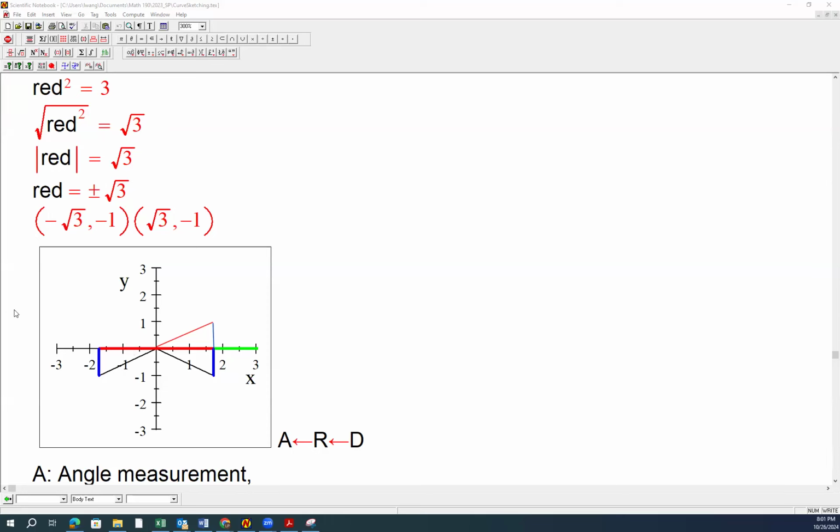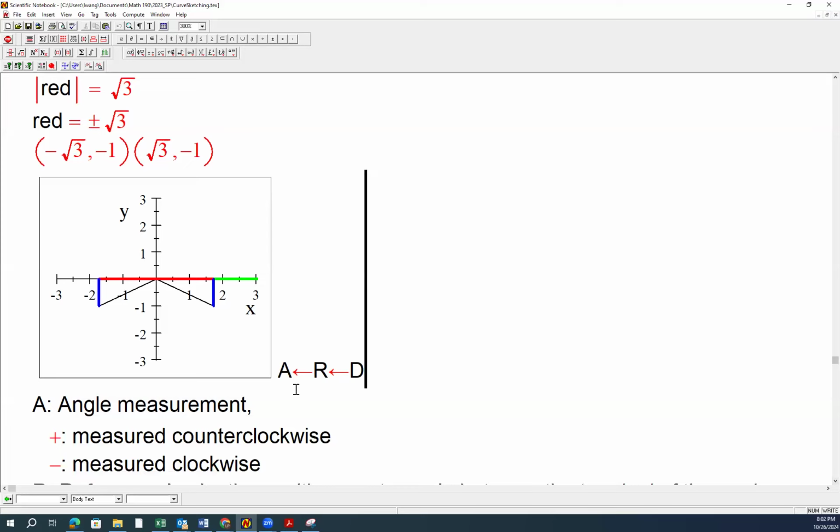But we also need to remember the angle measurement. The angle measurement for the input for the X is always either counterclockwise or clockwise measured from the same place, which is the green. All right, so let's see what we got.